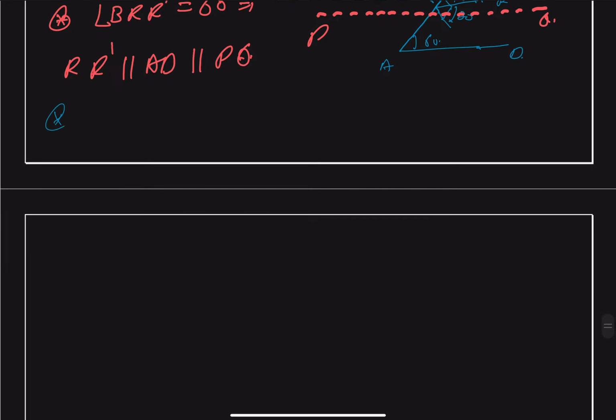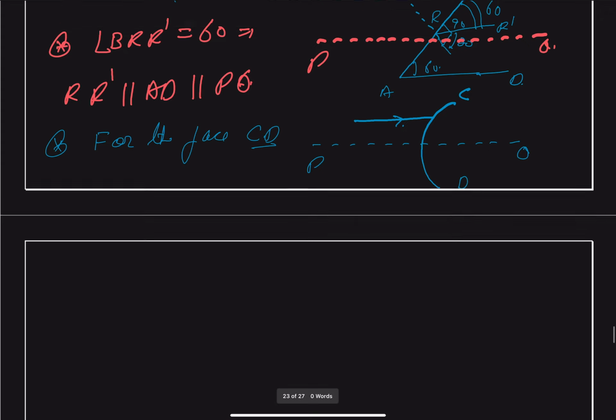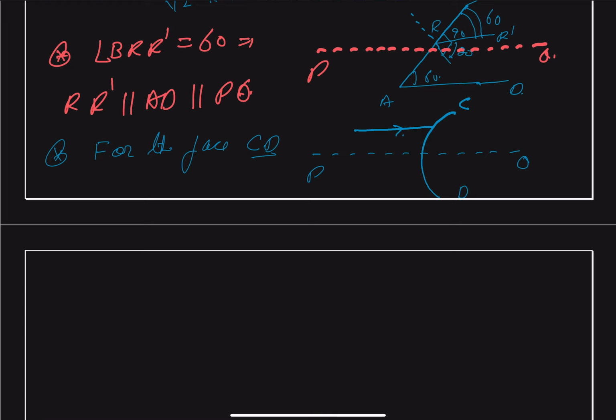For the face CD, the light ray will be coming parallel to this axis PQ and will be incident on this face, coming parallel like this. This is our r, and let us call this our r prime.